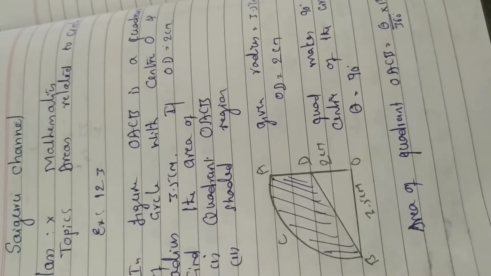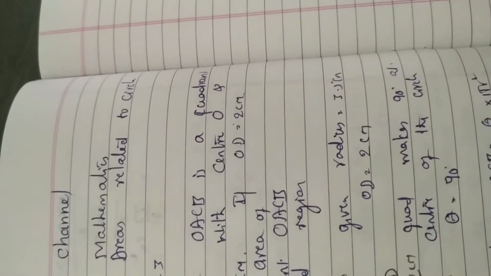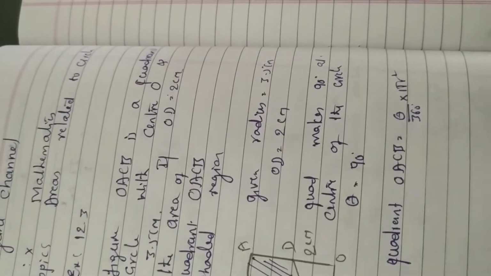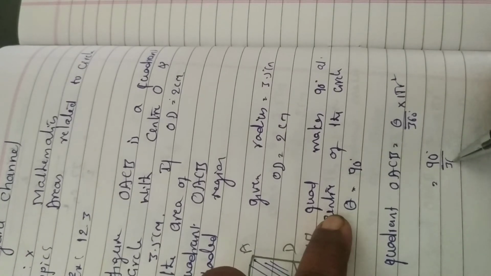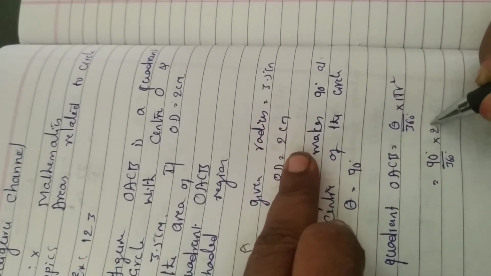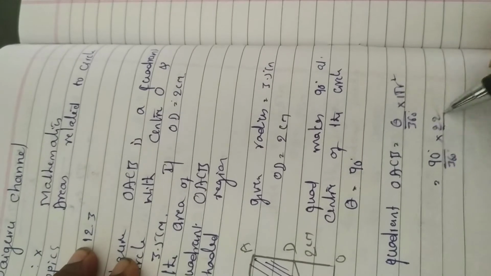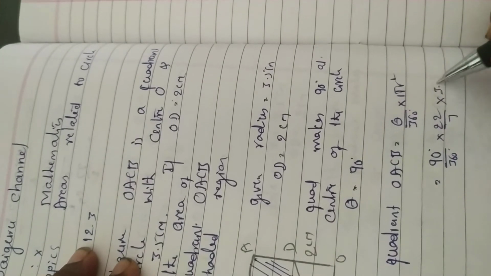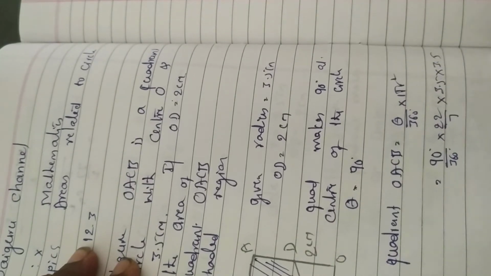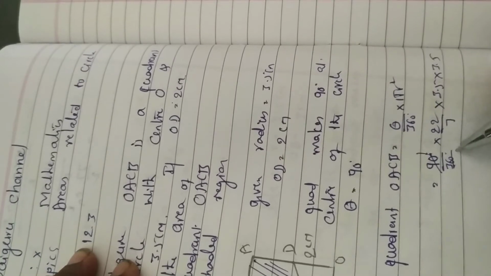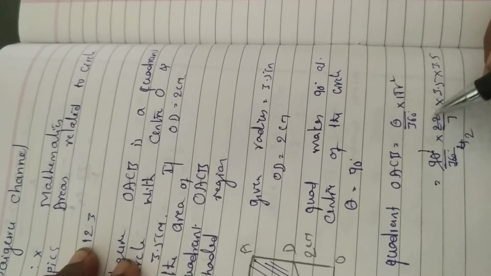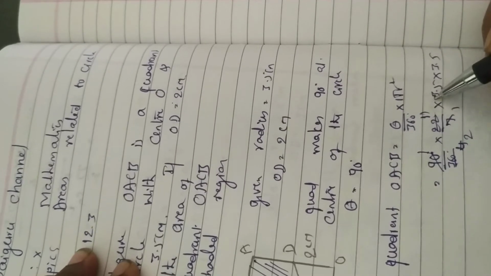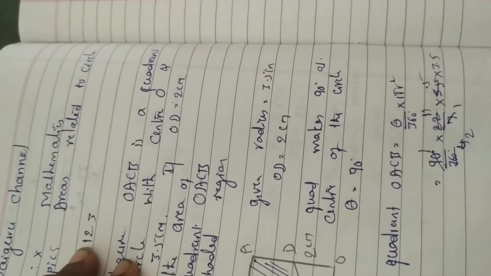Let us substitute all. 90 degrees divided by 360 degrees into 22 by 7 into 3.5 into 3.5. So 9 ones are 9, 9 fours are 36, again here 2 twos are 2, 11, 7 ones are 7, into 0.5.